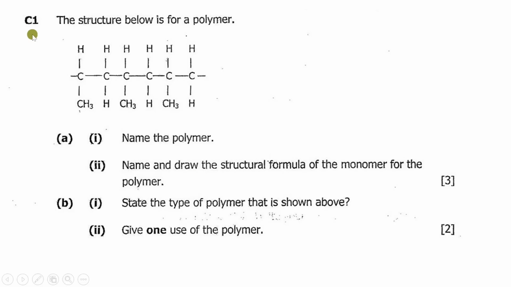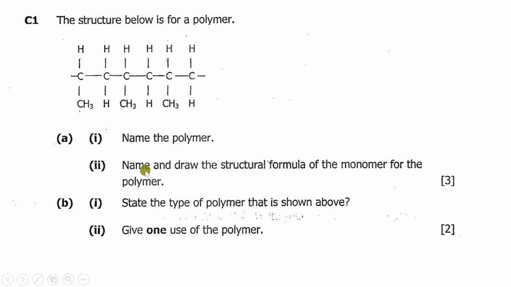So we go to C1. The structure below is for a polymer. You see the one which I showed you, where they write CH3. So this is a polymer with three repeating units: 1, 2, 3. You see this one is the same as this one, so they are repeating. Now they are saying: A, Roman numeral 1, name the polymer.